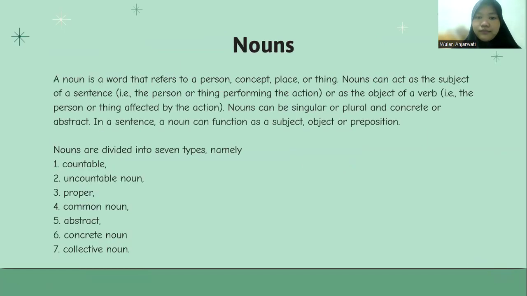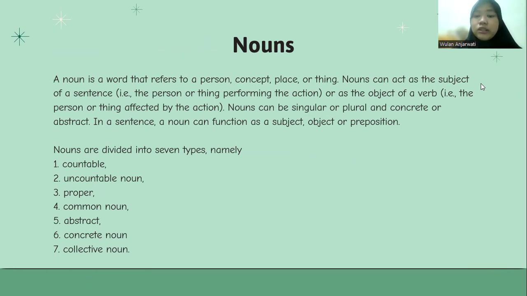Okay, the first type of part of speech is nouns. A noun is a word that refers to a person, concept, place, or thing. Nouns can act as the subject of a sentence, like the person or thing performing the action, or as the object of a verb, the person or thing affected by the action.